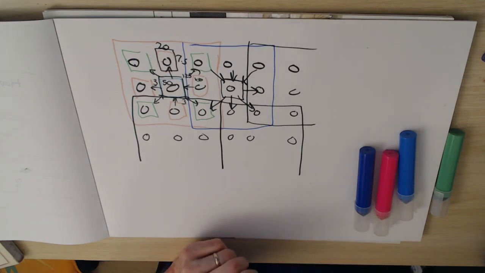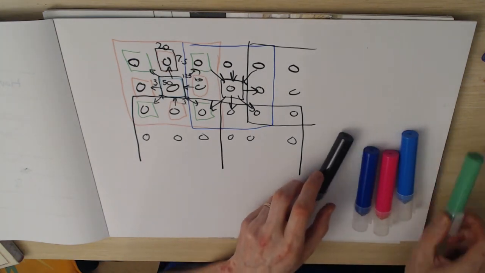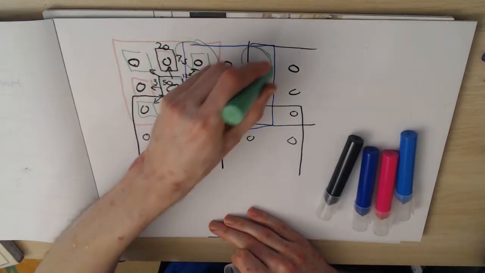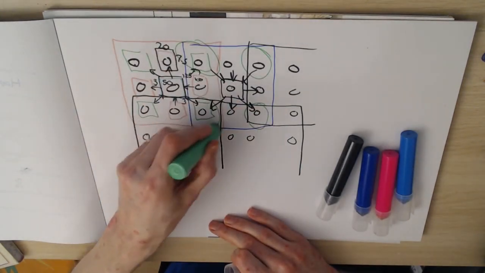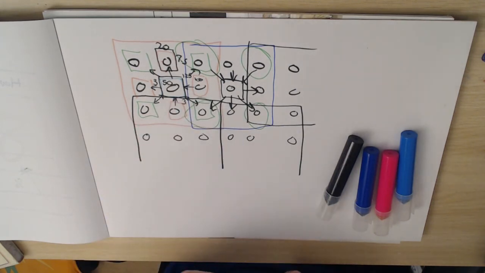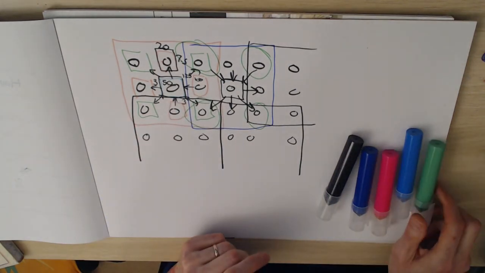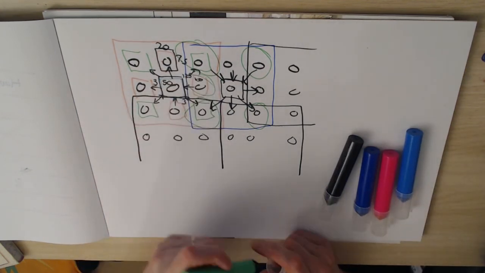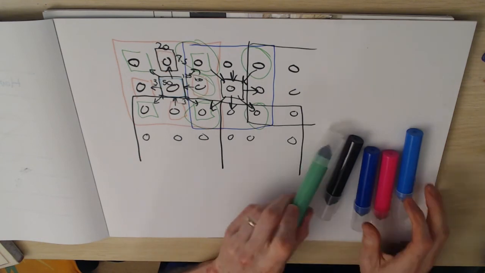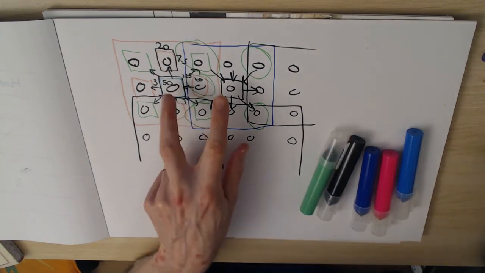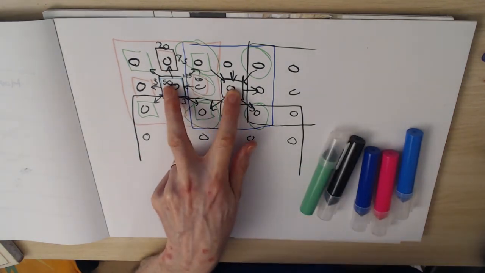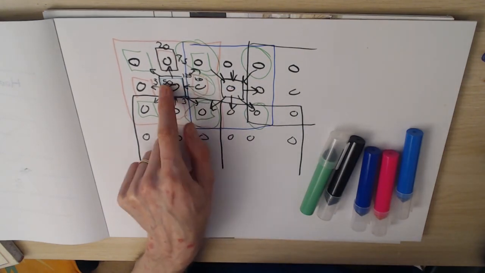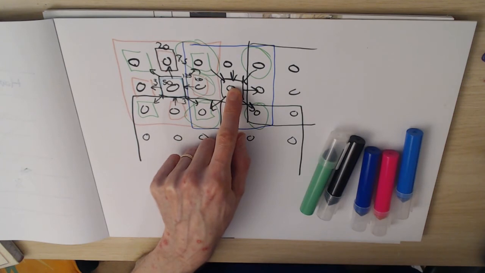So that works all very well and good, but unfortunately every other one here, each one of these pixels and these, are actually getting counted twice, because if this one's 50 and this one's 50, it's going to steal from this one, and then it's going to steal from this one.